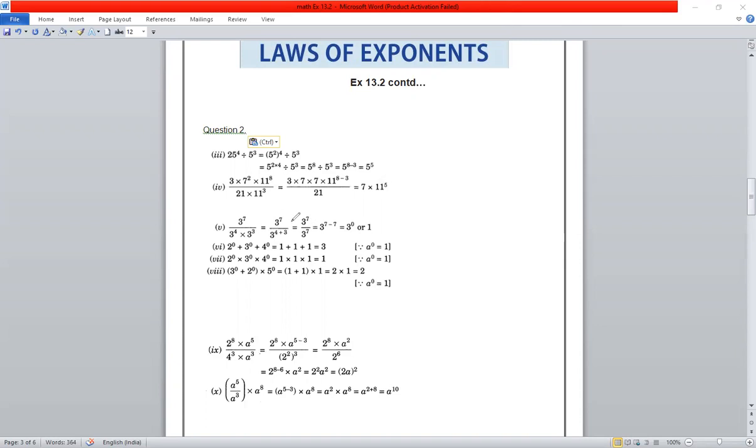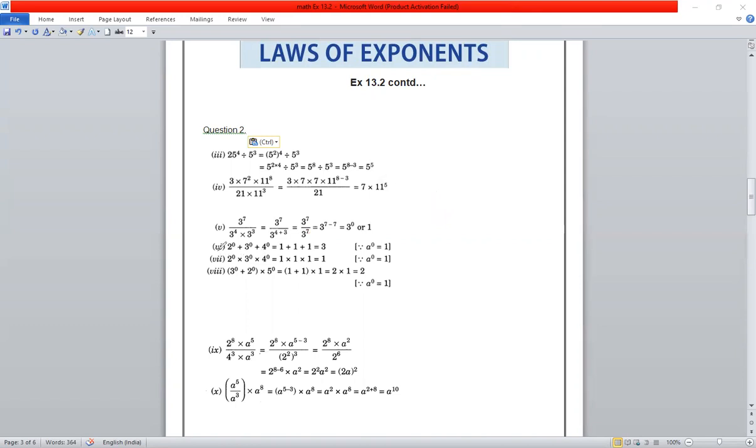So again 7, 7, here also we can cancel, we will get the answer as 1, or again we can apply the law here. When bases are same, subtract the powers. 3 to the power 7 minus 7, that is 0. Any number to the power 0 will give the answer as 1. Hope this answer is clear.